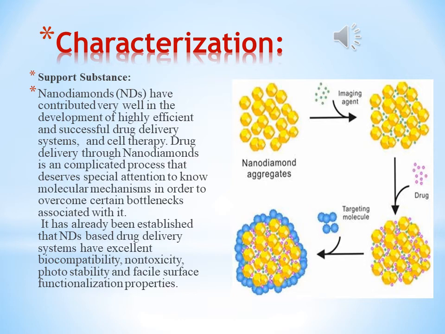Drug delivery through nanodiamonds is a complicated process that deserves special attention to know the nuclear mechanism in order to overcome certain bottlenecks associated with it. It has already been established that nanodiamond-based drug delivery systems have excellent biocompatibility, non-toxicity, and facile surface function properties.